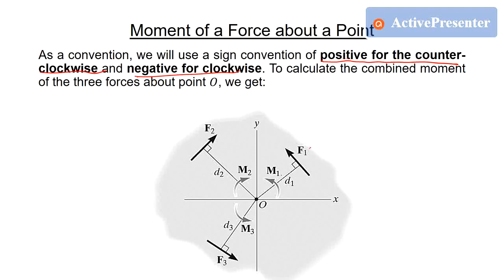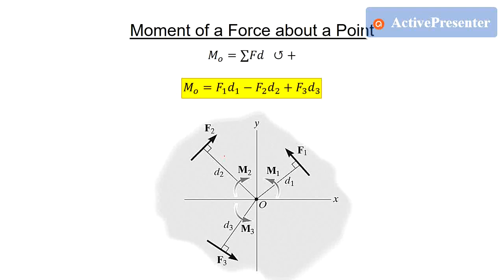So in this case, M1 and M3 are positive and M2 is negative. If we add the three moments, we use F1 D1 and F3 D3 as positive, and F2 D2 as negative, because the moment effect of F2 about point O is clockwise.